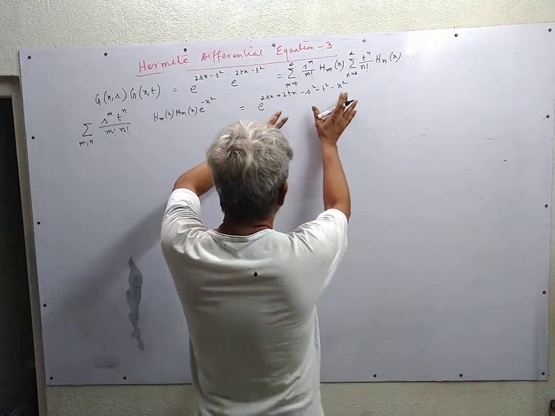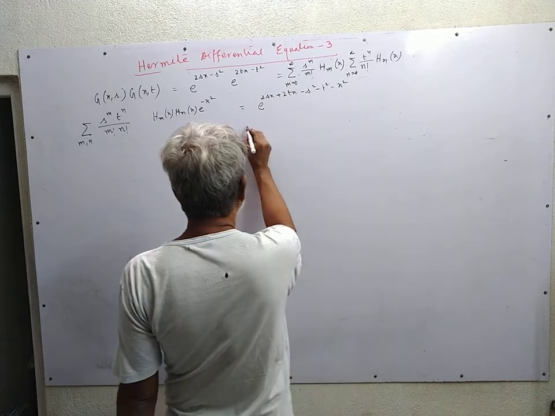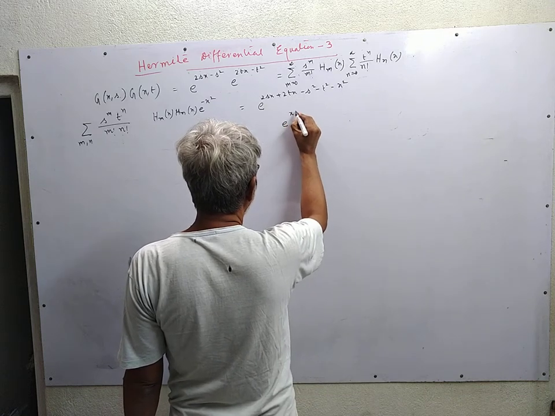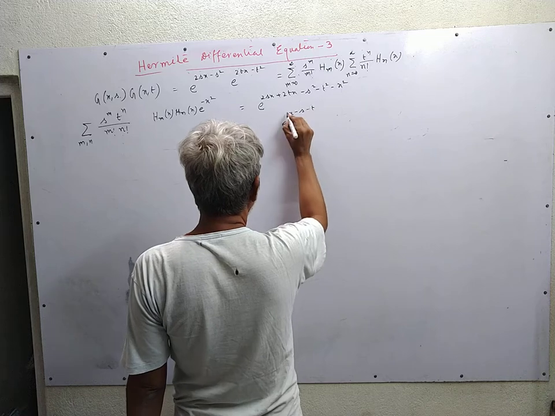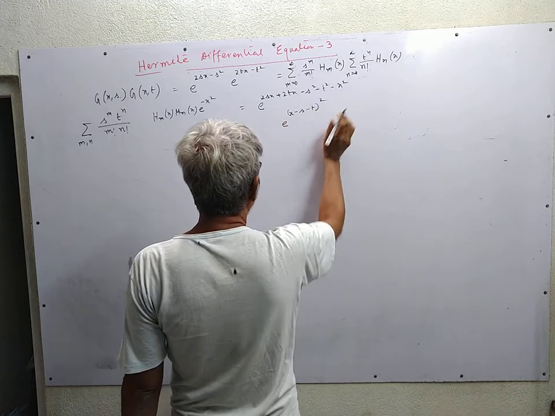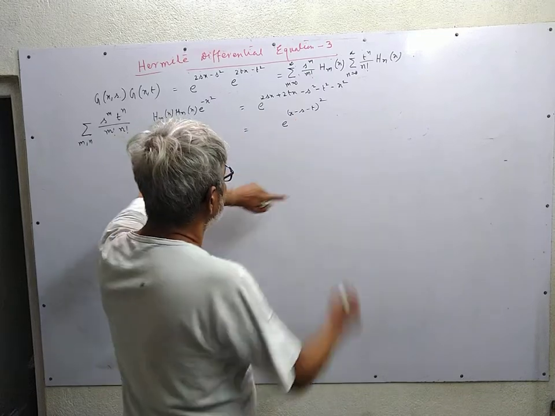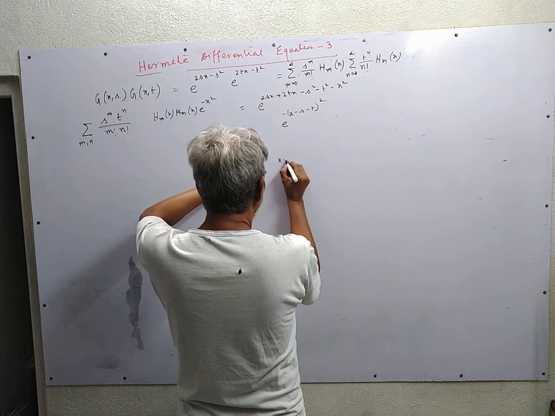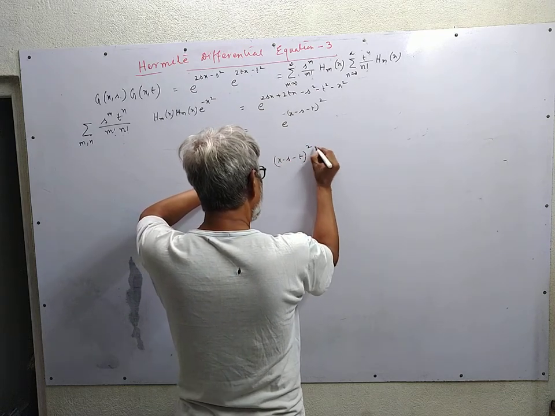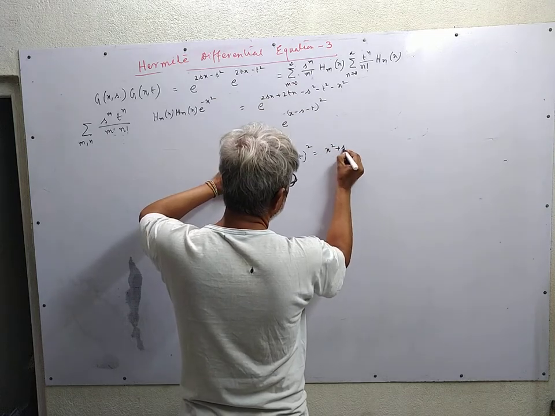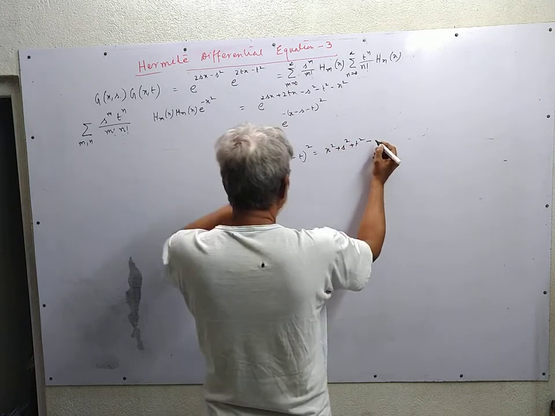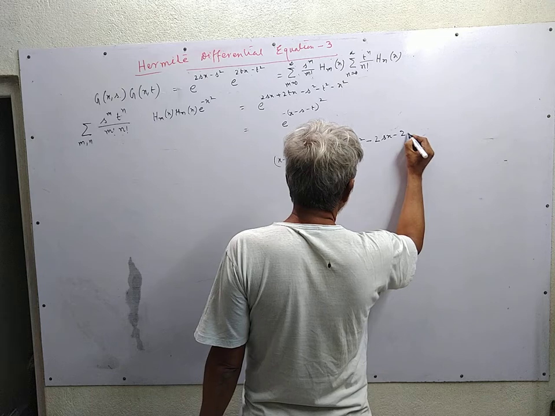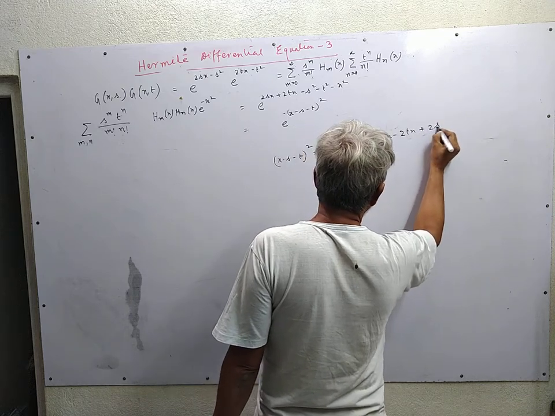We rearrange this as a whole square, so the term is minus (x minus s minus t) whole square, which is equal to x square plus s square plus t square minus 2sx minus 2tx plus 2st.